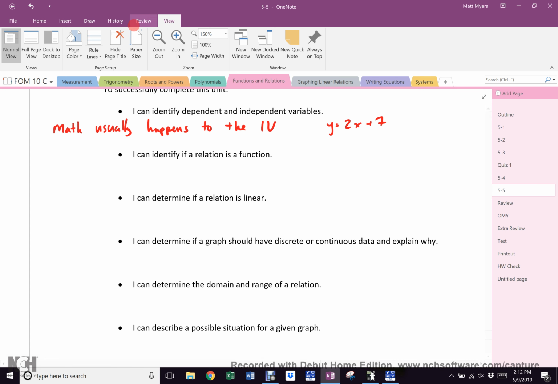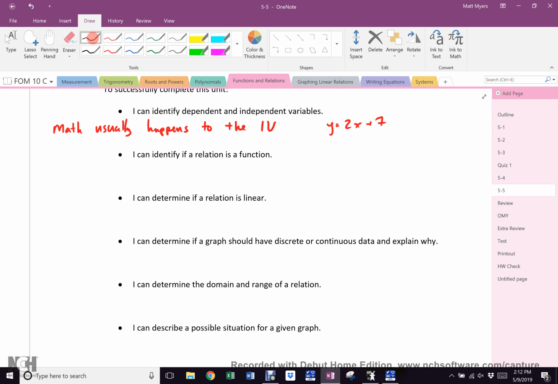Okay. I don't like using red. I can identify a relation as a function. Remember, there's two ways to do this. How do you do it on a graph? Thanks, Jordan. The vertical line test.